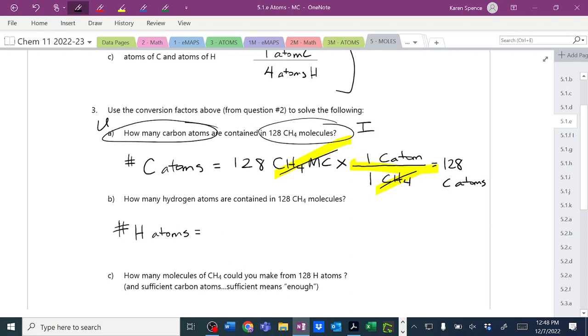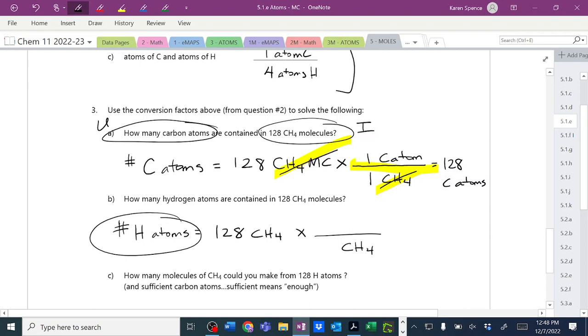So we now have 128 CH4s times, we want to cancel CH4 and we want to find the number of hydrogen atoms. It would be 4, and this is where we get to, what was that number you had for us, Nathan? 512, 512 H atoms.